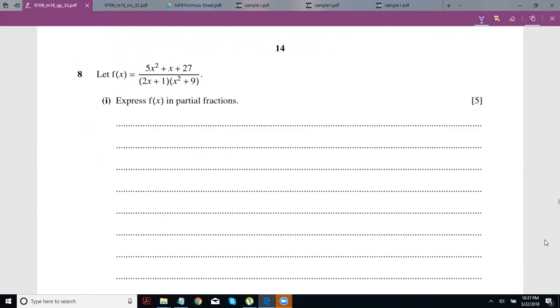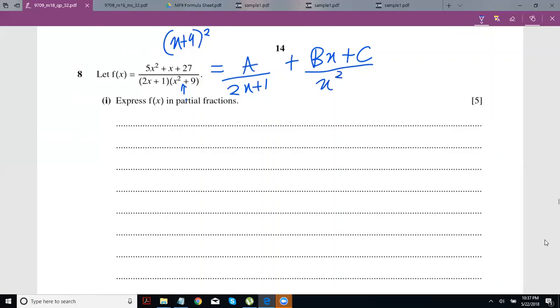So what we can do is write this as A upon 2x plus 1 plus, now this is a little different from, let's say, (x plus 9) squared. That would be what we call a repeated fraction, but here it's a quadratic one. So for a quadratic one, you have Bx plus C upon x squared plus 9. That's the idea here.